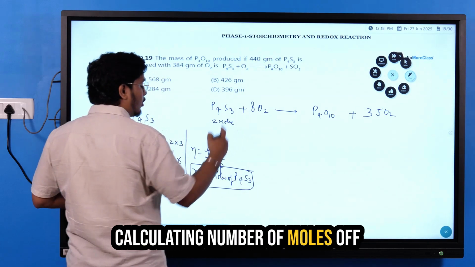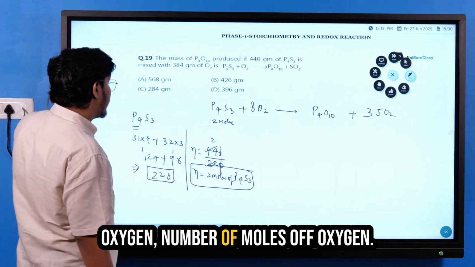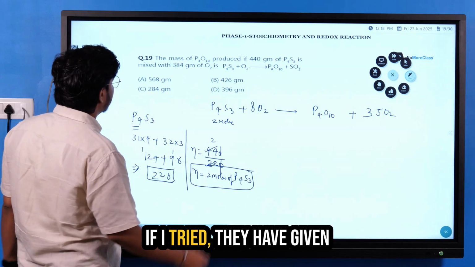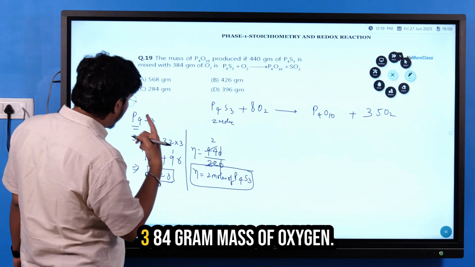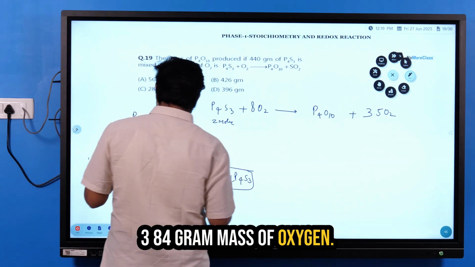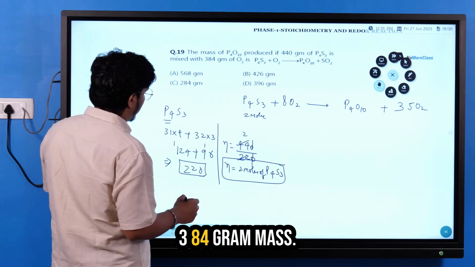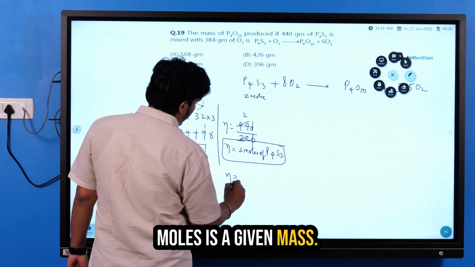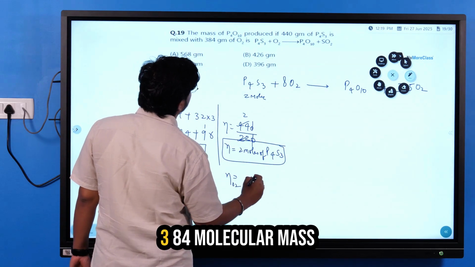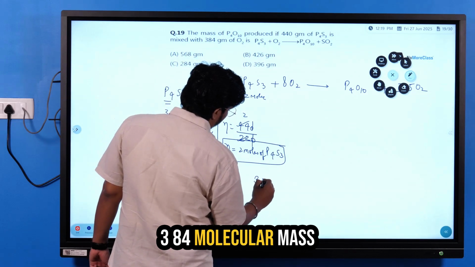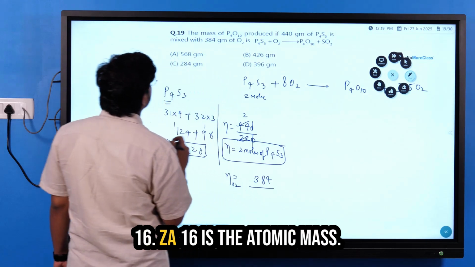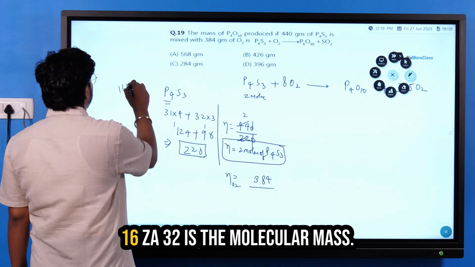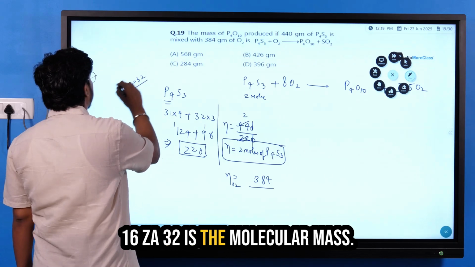Now calculating the number of moles of oxygen. They have given 384 gram mass of oxygen. The number of moles is given mass upon molecular mass. Given mass is 384. Molecular mass of oxygen is how much? 16 is the atomic mass, 16 times 2, 32 is the molecular mass.